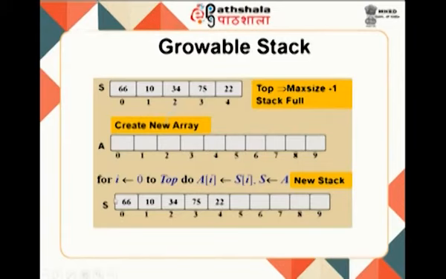What should we do? 0 to top, top is measured here. So, 0 to top do a[i] equals s[i], and make this new stack equal to a. So, now this becomes the new stack. Okay. Now, you have 5 empty locations which you can do insertion into. So, this is a growable stack, okay. But of course, this operation has to be done.